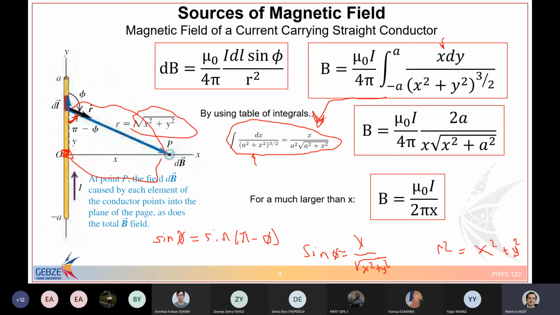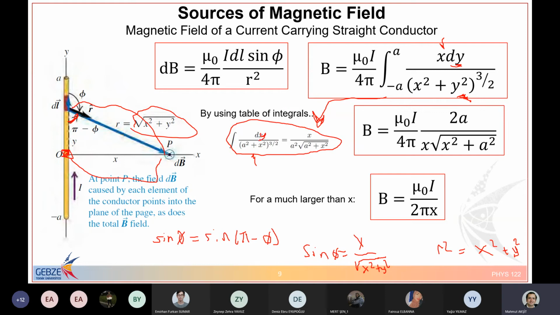So here the variable here is y, arkadaşlar. Okay, that's important. The variable is y. dy is the variable. So x is like a constant here. So here it's confusing. That's why I kind of want to point.